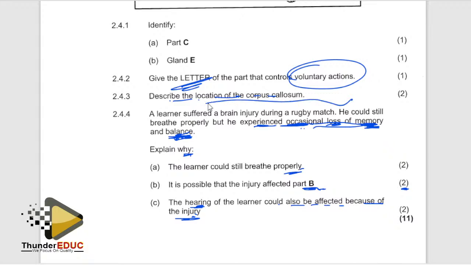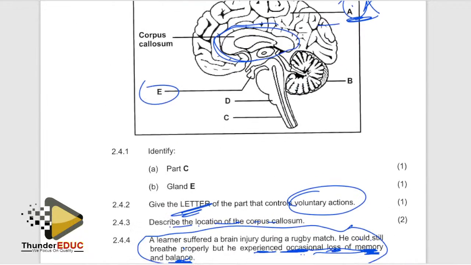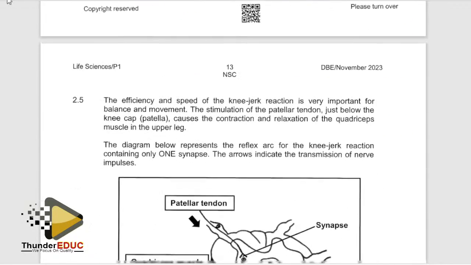So the answers were here. The first one was talking about breathing. The next one was talking about occasional loss of balance because it is the cerebellum. Then occasional loss of memory. So basically, they were just trying to see if you know the functions of the brain.